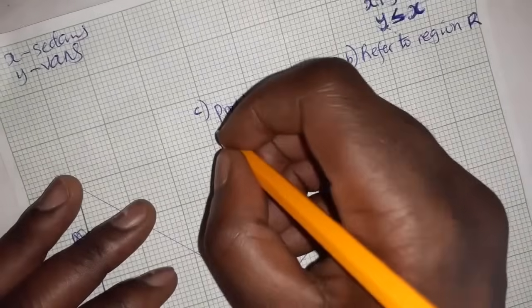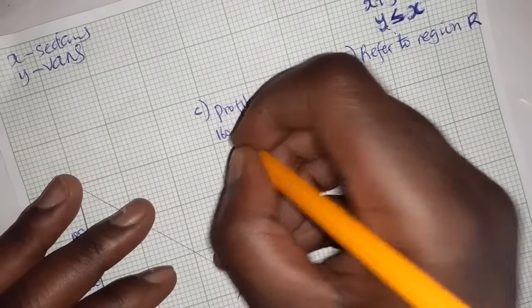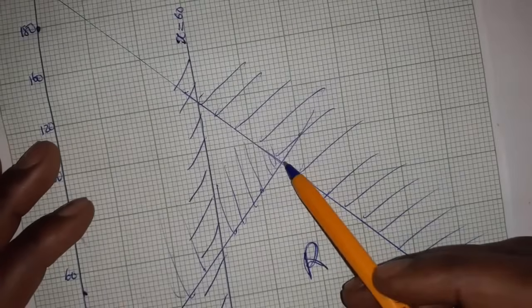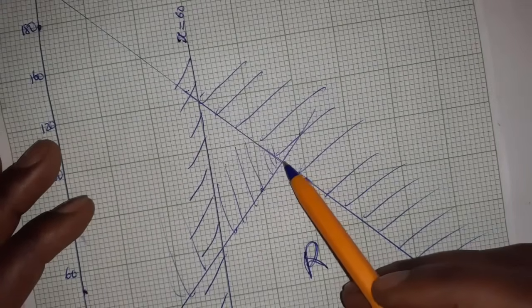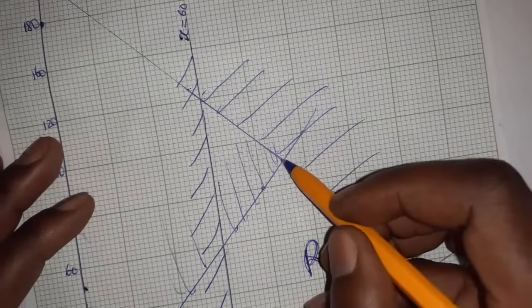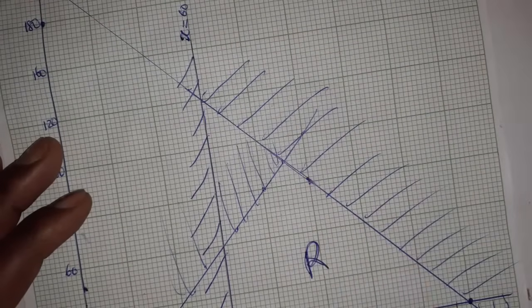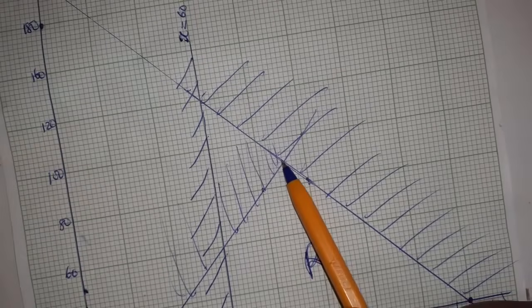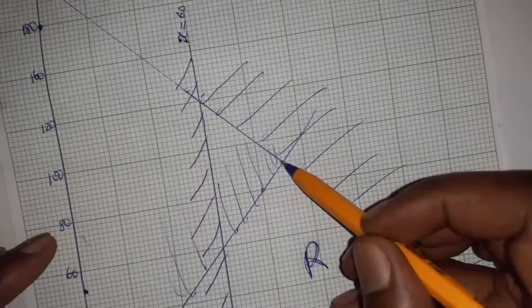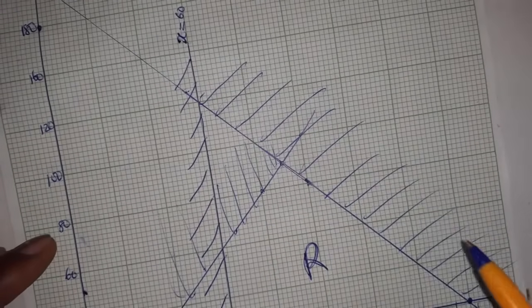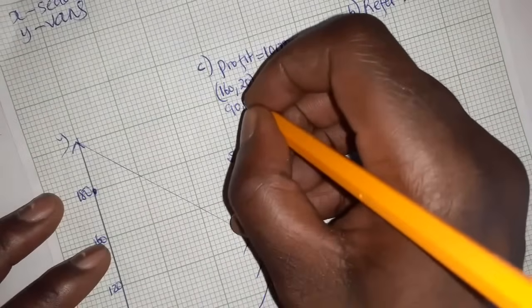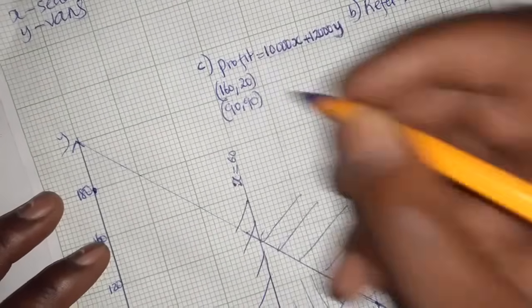So we can write that one here, (160, 20), followed by this one here, which is (90, 90).